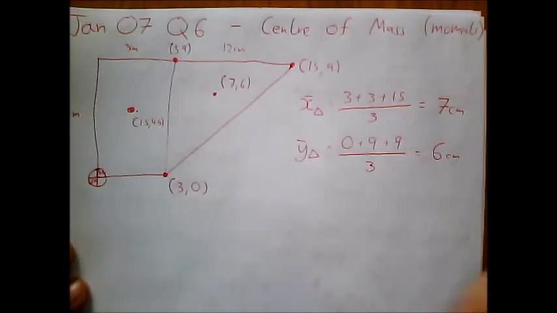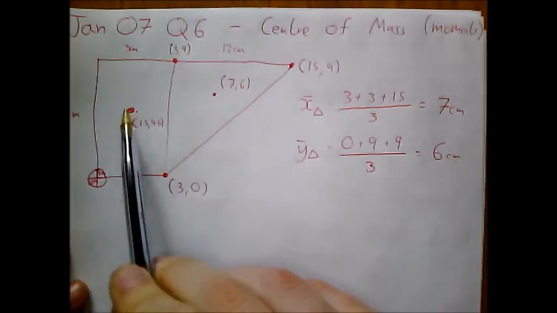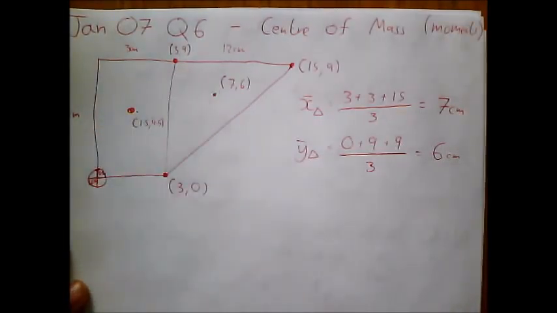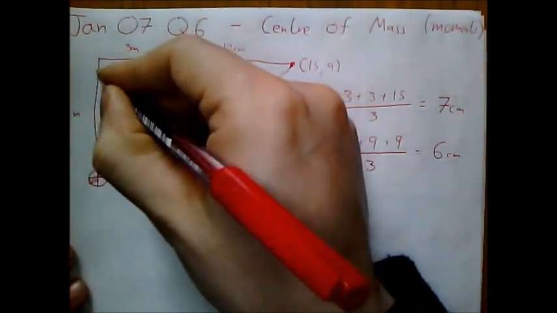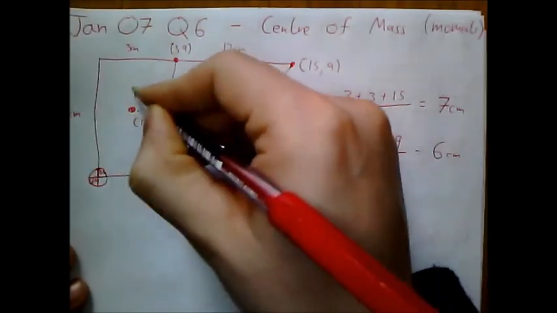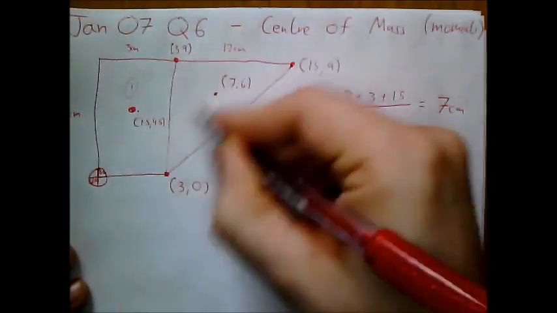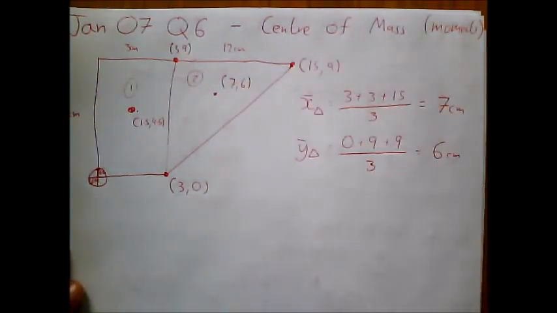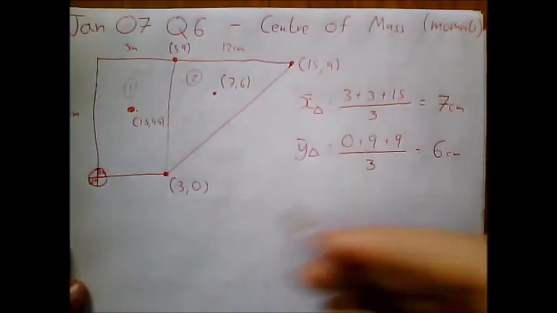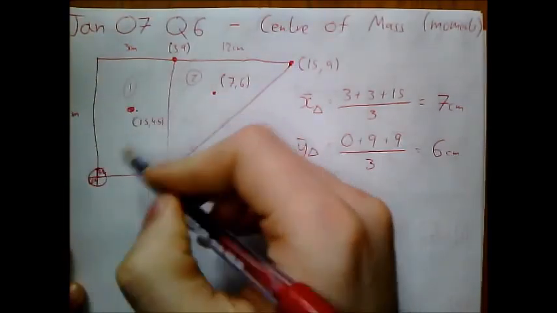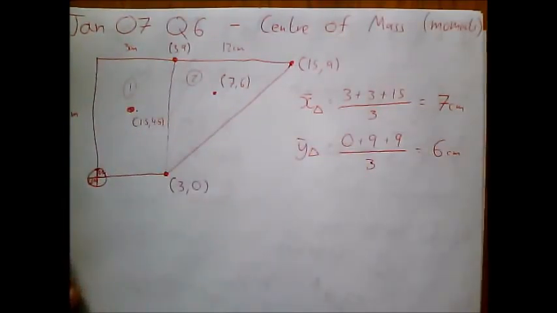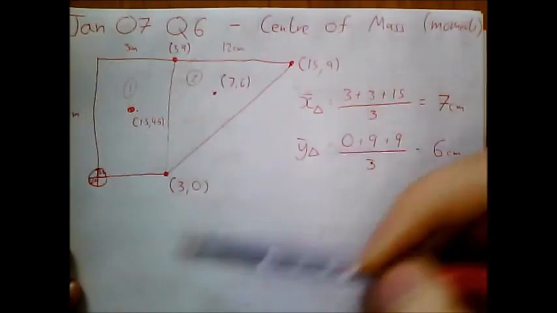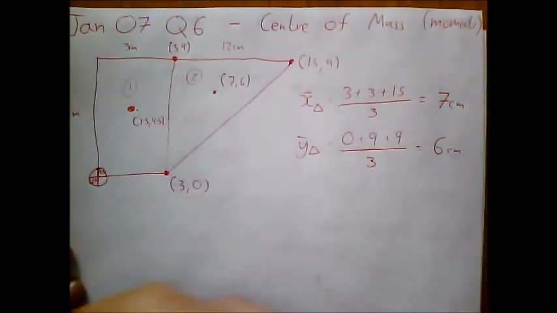Now we want to find the overall centre of mass, and to do this we need the area of shape 1 and the area of shape 2, because it's a weighted mean, and we take the area to be effectively the weight of each individual object, because we don't know the density.